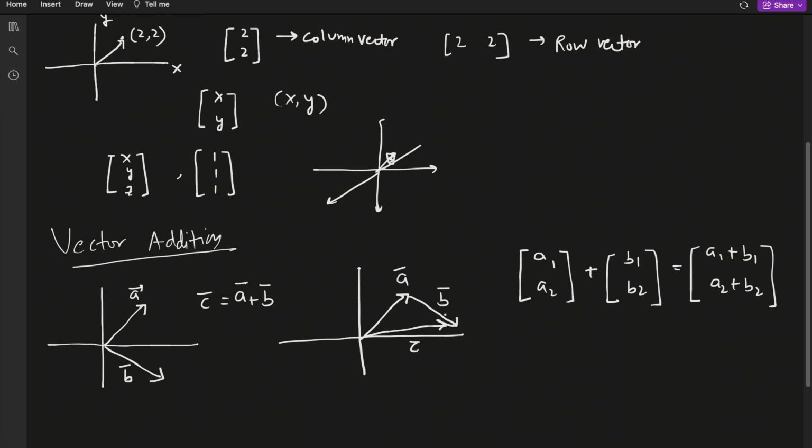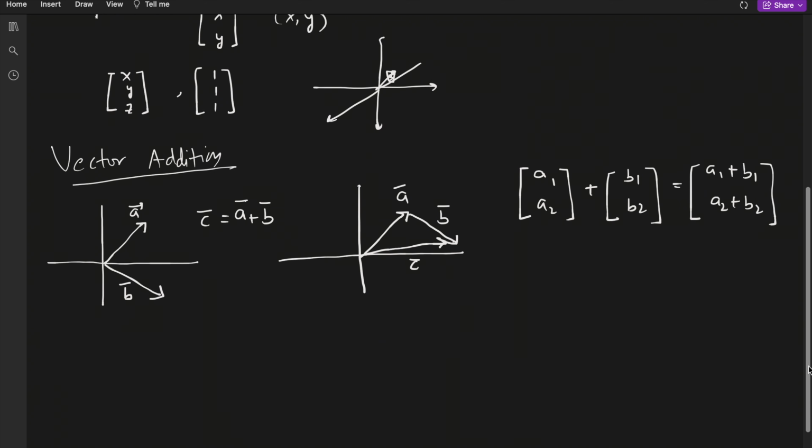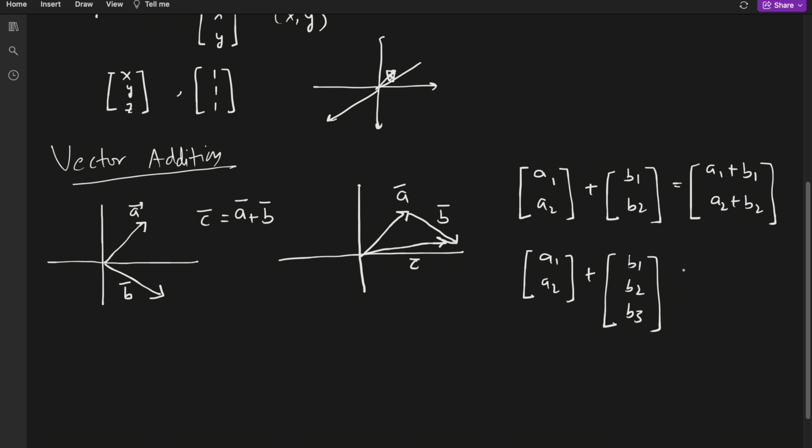So you must have realized that vector addition follows one rule: if we are adding any two vectors, their dimension needs to be the same. We cannot add a 2D vector, let's suppose a1 a2, with a 3-dimensional vector. It's not possible. Their dimension needs to be the same.